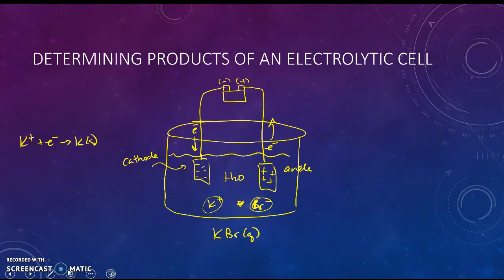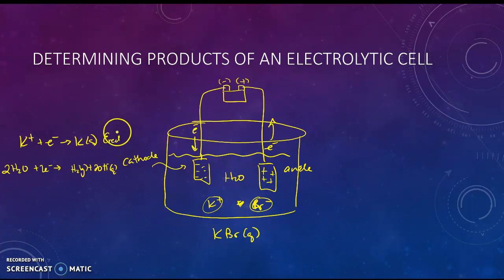We have water, and if you look at the reduction potential for water, you'll see that water can gain 2 electrons to form hydrogen gas and hydroxide. So if you had phenolphthalein here, you would actually turn it pink. So you say, okay, I could reduce this or I could reduce this.